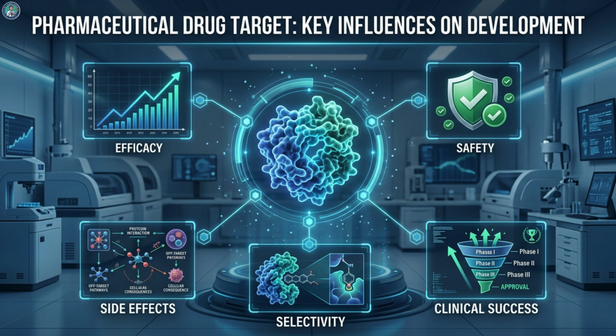Drug targets influence drug efficacy, drug safety, side effects, therapeutic selectivity, and clinical success rates. Studies have shown that drug candidates directed against genetically validated targets have a much higher probability of reaching market approval compared with targets that lack strong biological evidence. Therefore, target selection is considered one of the most important decisions in pharmaceutical research.